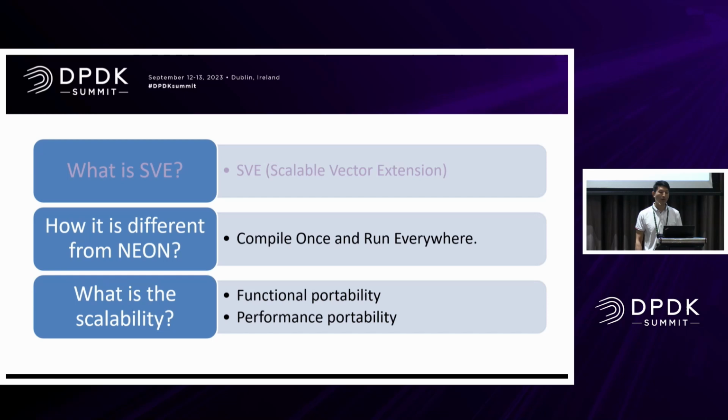And performance-wise, the portability means the performance of the program will scale when it moves from a smaller vector length to a bigger vector length, and the performance scale should be proportional to vector length.